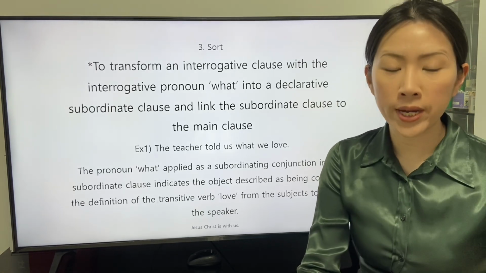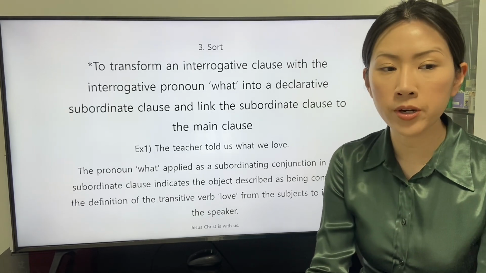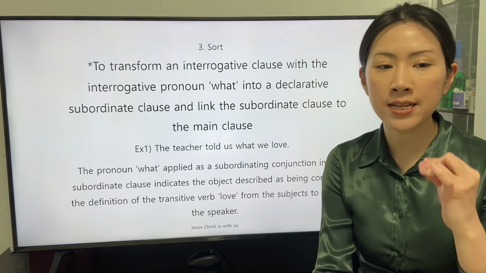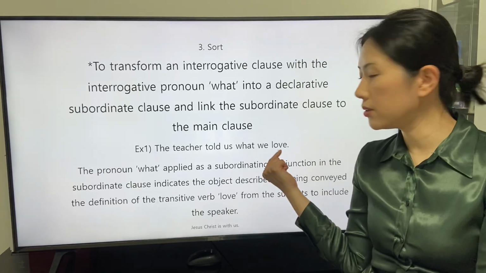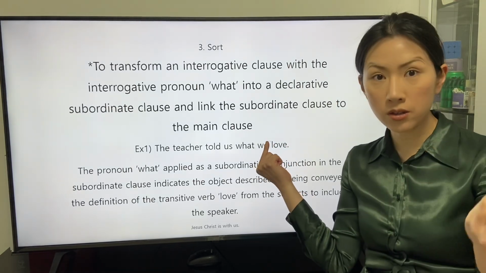The pronoun what applied as a subordinating conjunction in the subordinate clause indicates the object described as being conveyed the definition of the transitive verb love from the subject to include the speaker.